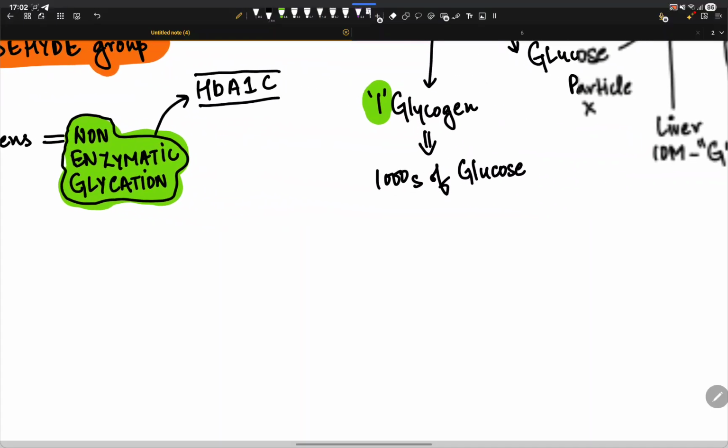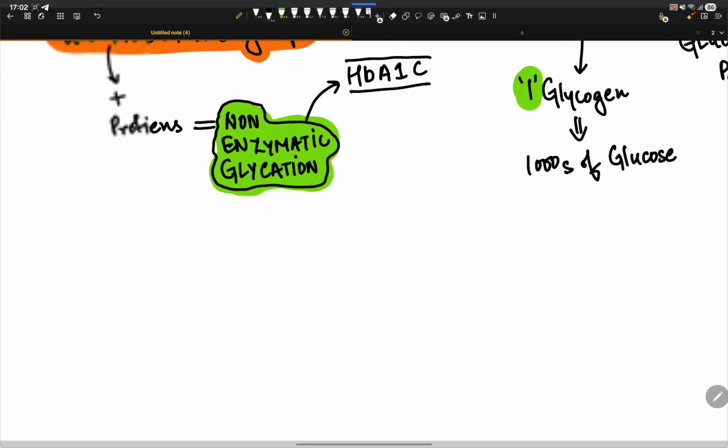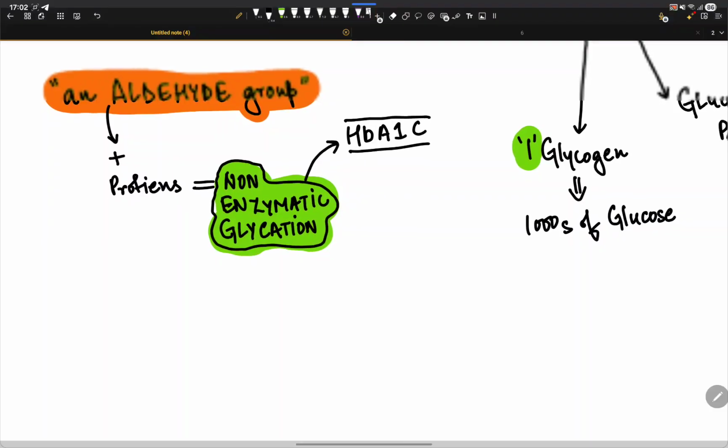And the thing here is that we are actually trying to measure glucose binding to hemoglobin. Now, hemoglobin is a protein, and this whole thing happens because of this aldehyde group. This aldehyde group is the reason why we can measure HbA1c, right? This is the thing that we use.